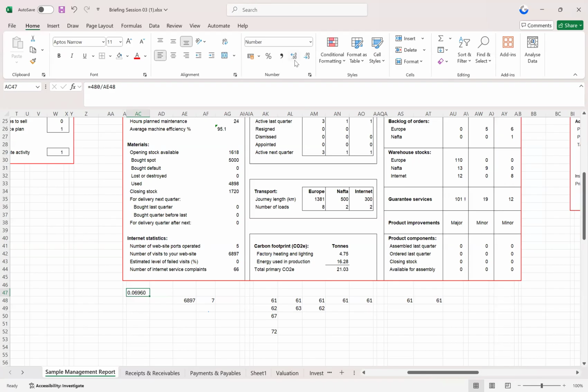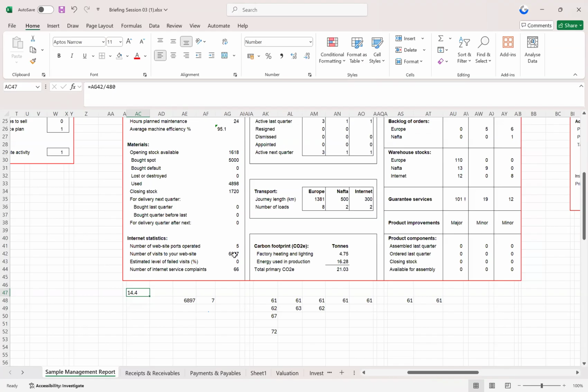No, I am doing it wrong. It has to be 6897 divided by 480. That means there is one customer in every 14 visits on my website.